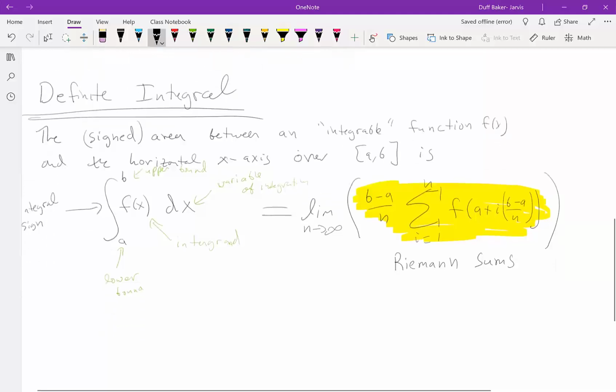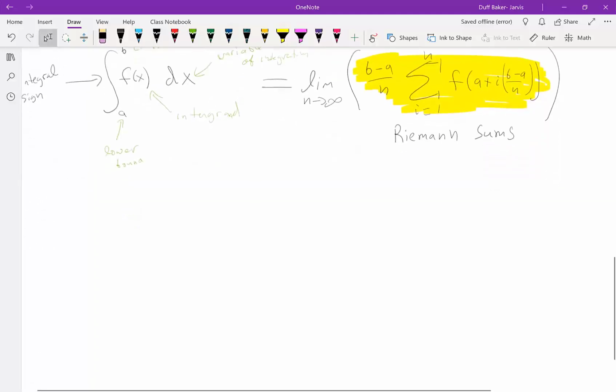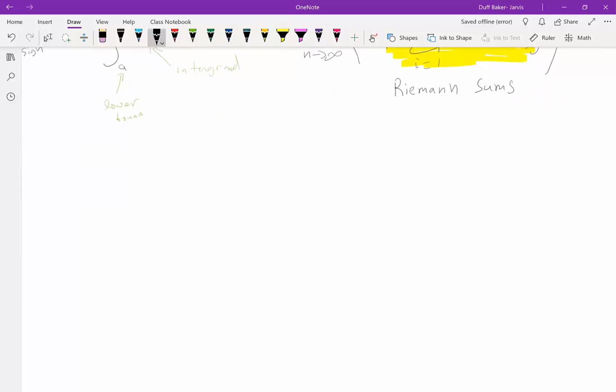Okay, so I don't have time for a thorough calculation, so let's just go with this example. Compute this integral, let's say from -1 to 4 of 3x plus 3.